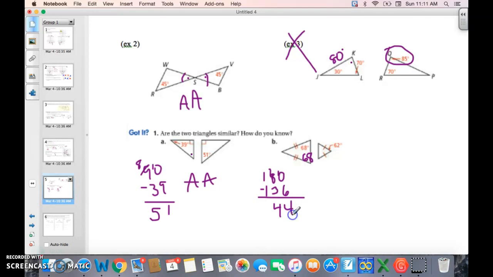And now I've got 62 over here, so I'm going to do 180 minus 62. Let's see, that's 7, and that's 10.